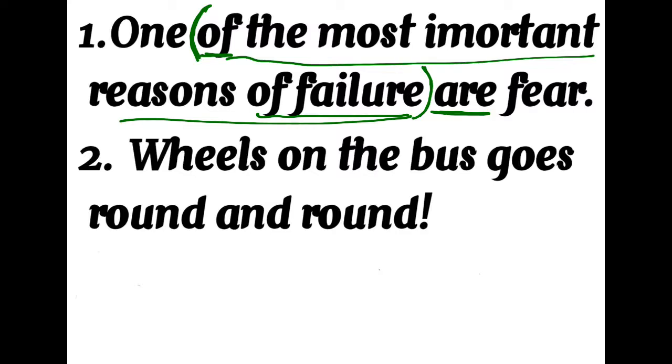One are fear or one is fear. What will be the right option? Of course, it is one is fear. So the sentence is incorrect, and this incorrectness or unacceptability arises from the rules of subject-verb agreement, and specifically from the point that we have stated today. The subject was hidden behind the curtain of the preposition phrase, and we have separated it successfully, and it becomes one is fear.